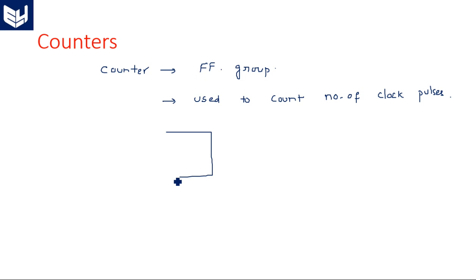Suppose this is your counter and you are giving the clock input, which is having 10 clock pulses. The purpose of the counter is to repeat the output for 10 clock pulses.